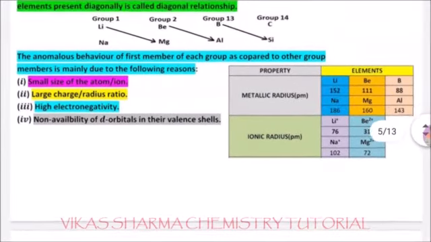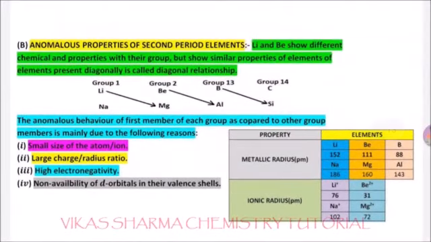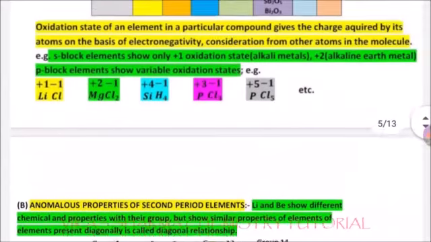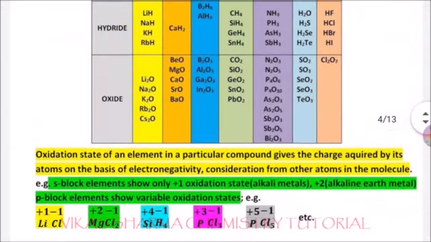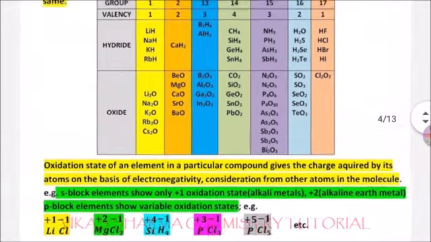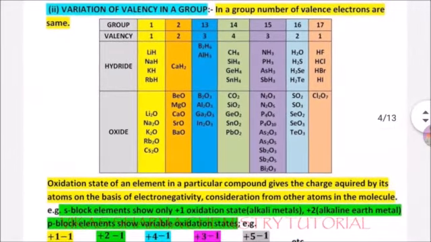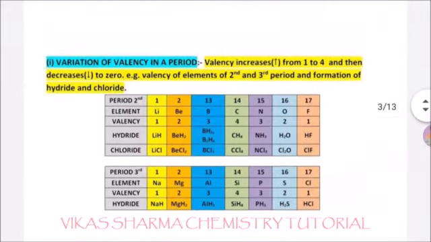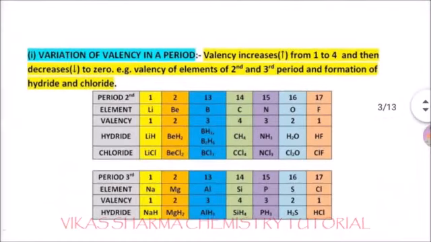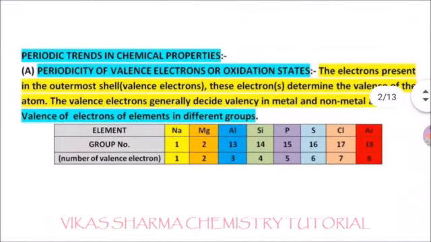These topics are related to the diagonal relationship due to similar size and other factors. These are the formation of oxides and hydrides shown by group members, variation of valency in a group, variation of valency in a period, and periodic trends in chemical properties.